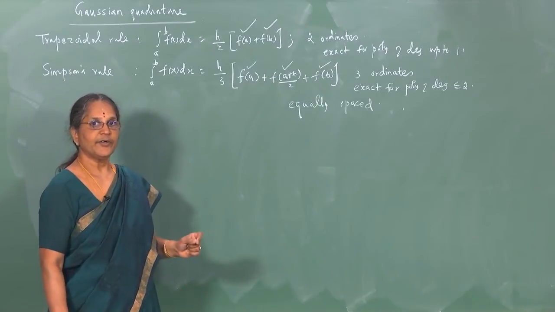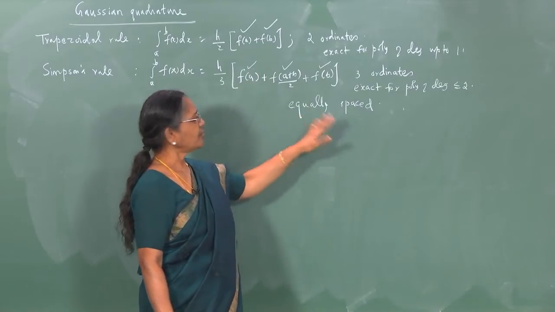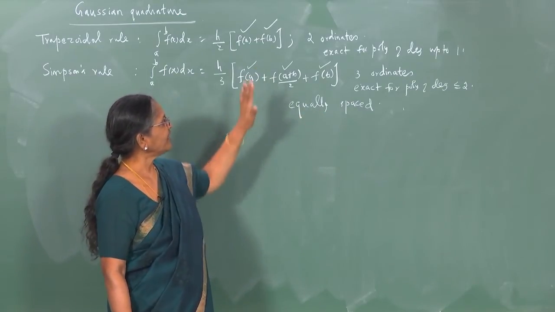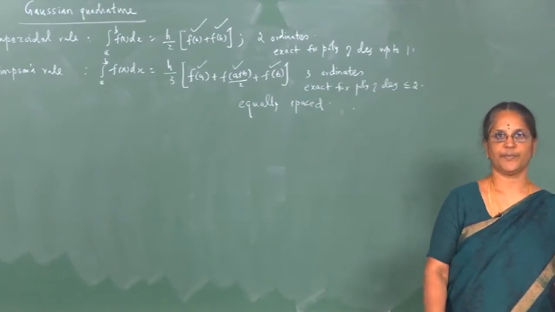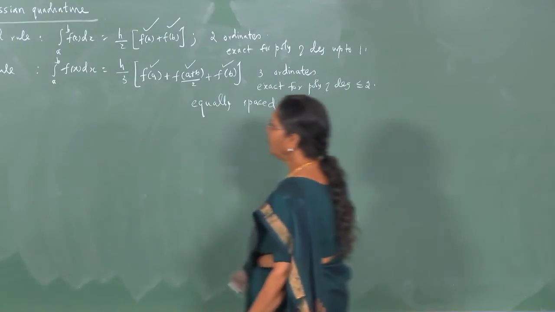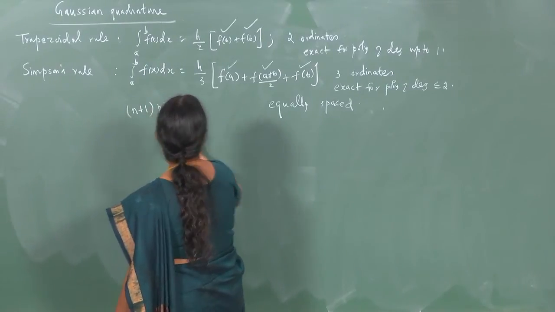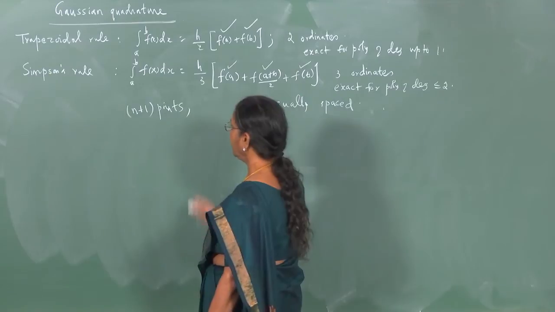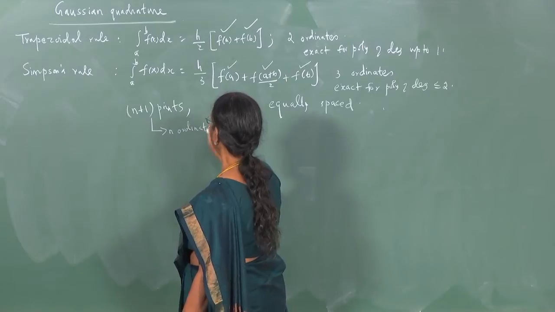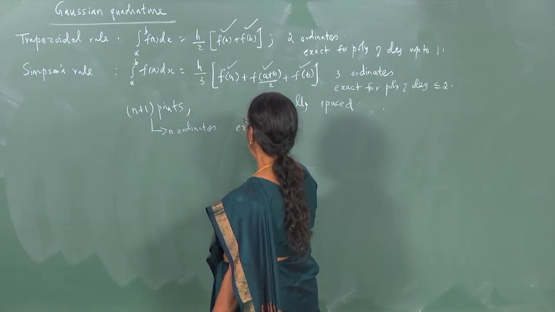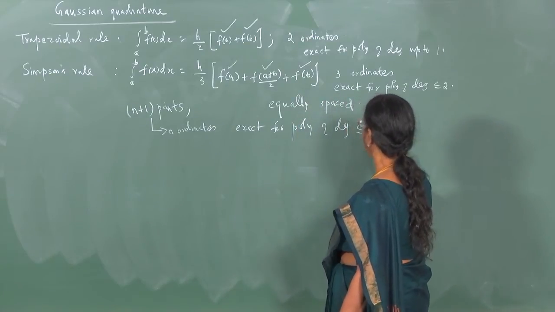In addition, we know that these methods have been derived using equally spaced points, and we observe that the Newton-Cotes methods which are derived with equally spaced points are such that if you are given information at n plus 1 points, then you are able to obtain an integration method involving n ordinates, and the method is exact for polynomials of degree less than or equal to n.